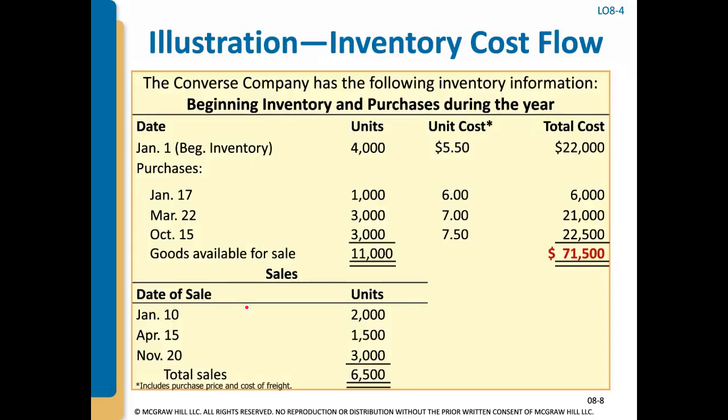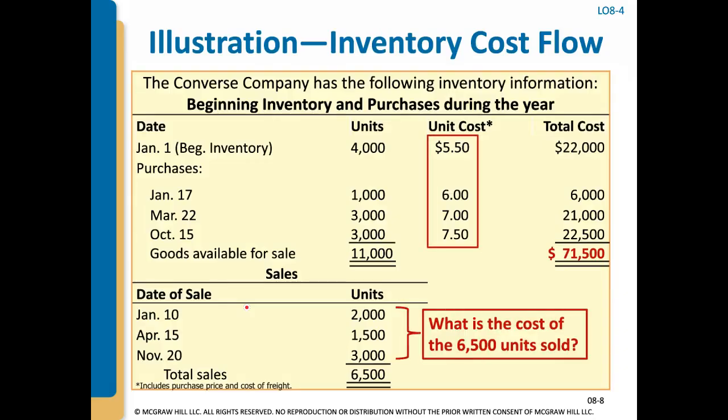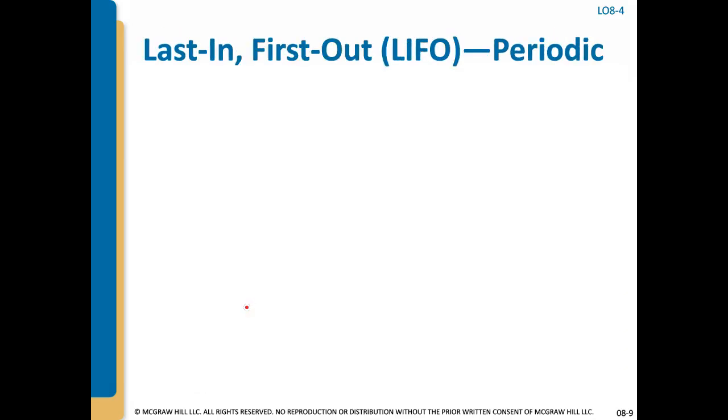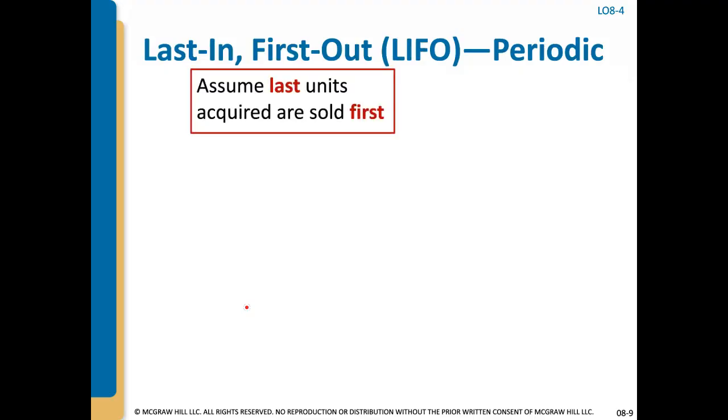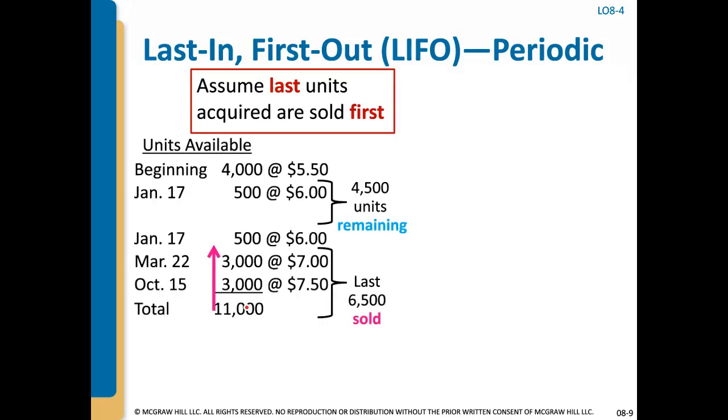So back to our same example with all these purchases and units sold. First, we're going to look at doing LIFO, last in, first out, using the periodic inventory system. The periodic inventory system is not used by many companies because it is kind of outdated, but also very manual.